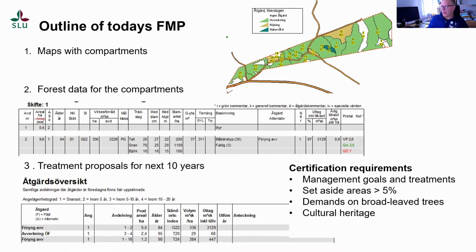These certification rules change a little bit over time. There are new ones for FSC, for instance. There is also a demand on broadleaf trees. But there are no demands on carbon in this case, that you have to report how much carbon you have in the forest and so on. So that's not the demand from the certification side, you can say.